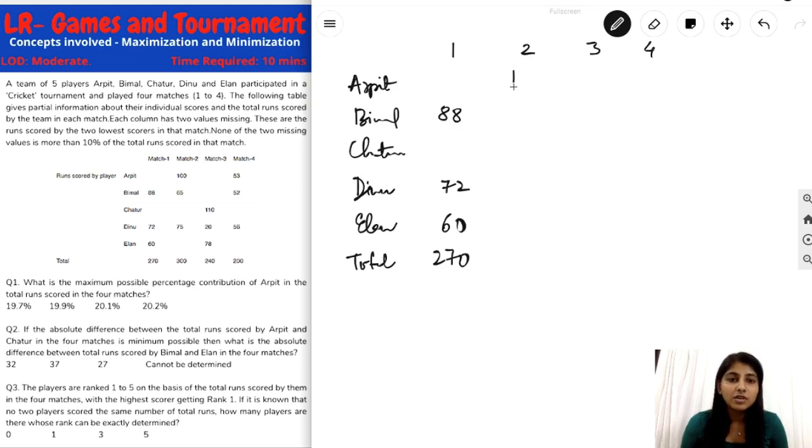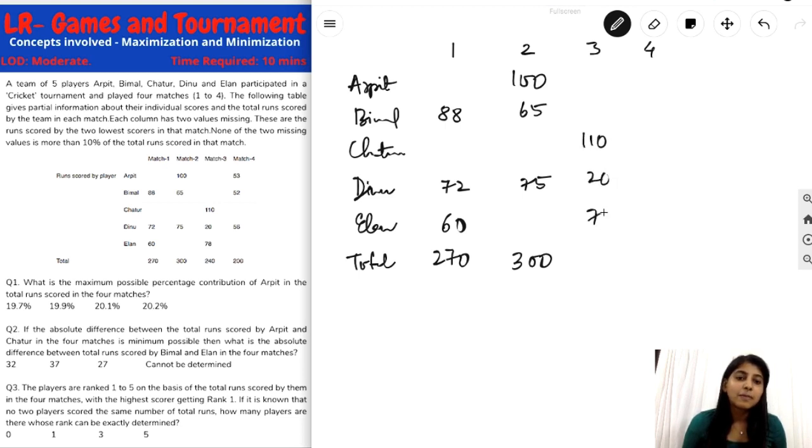Next we have 100, 65, 75, 300. Next we have 110, 20, 78, 240 and lastly 53, 52, 56, 200.